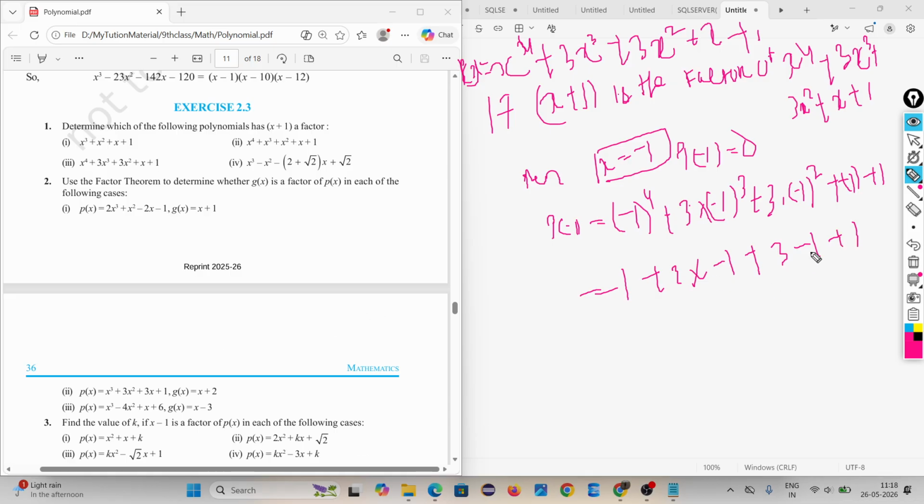So 1 minus 3 plus 3 minus 1 plus 1, these cancel, and again we are getting 1.